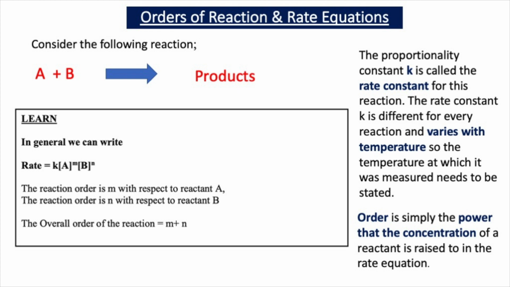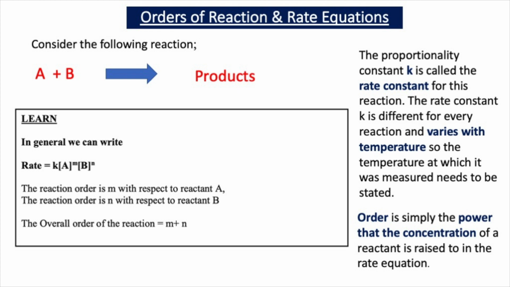If we have a reaction A plus B going to products, rate is equal to K times the concentration of A raised to a power, let's call it M, times the concentration of B raised to a power N. Now, M and N are the orders.